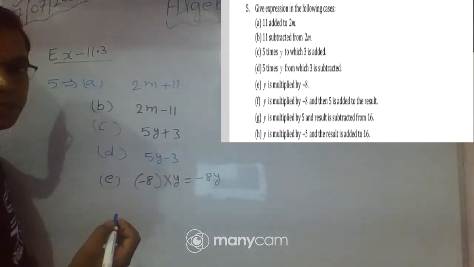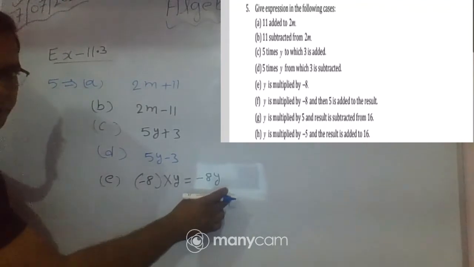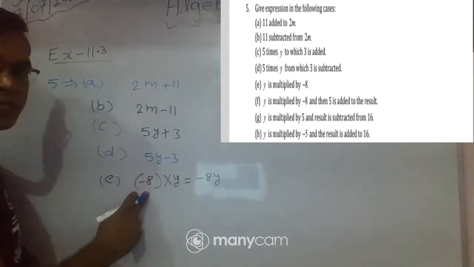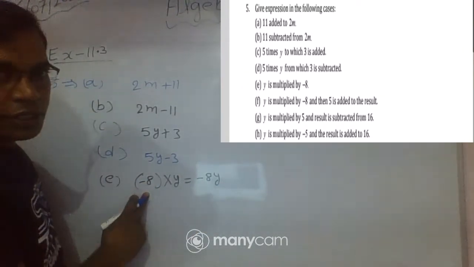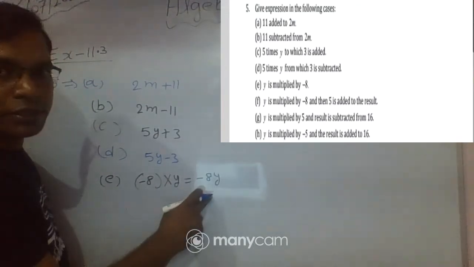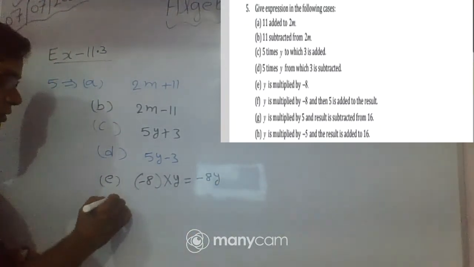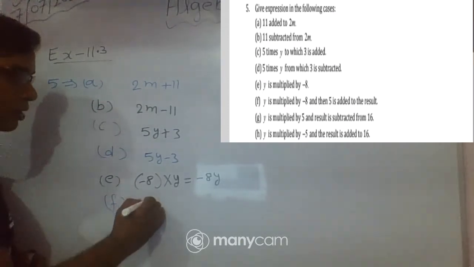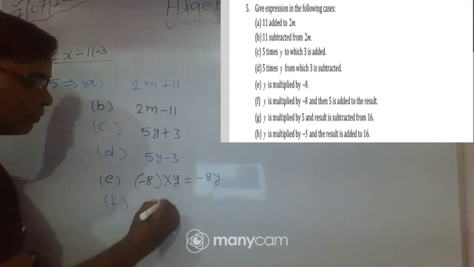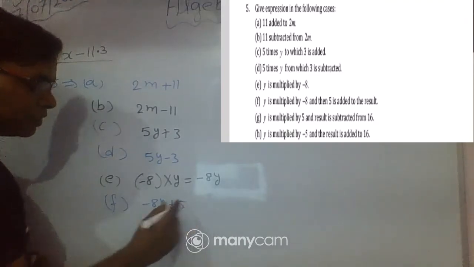Then 5 is added to the result. If minus 8 is multiplied by y, the result is minus 8y. Then we add 5. So F part becomes minus 8y plus 5.